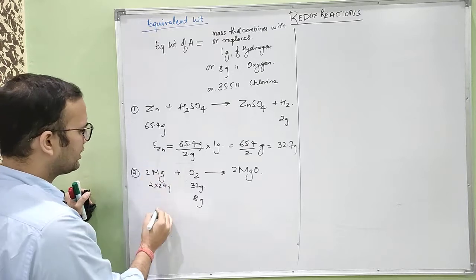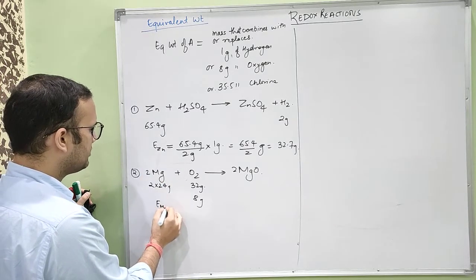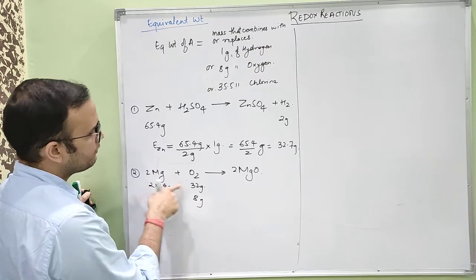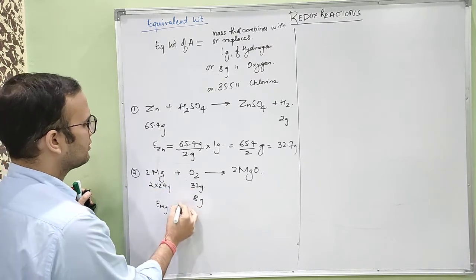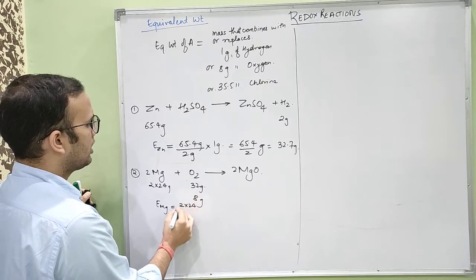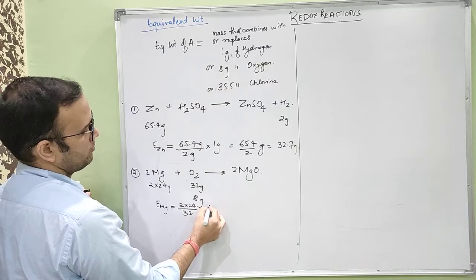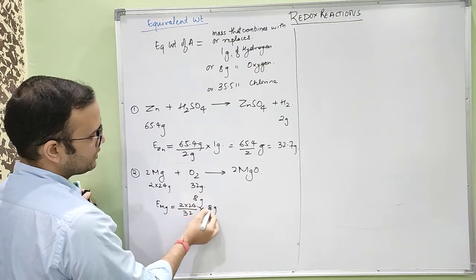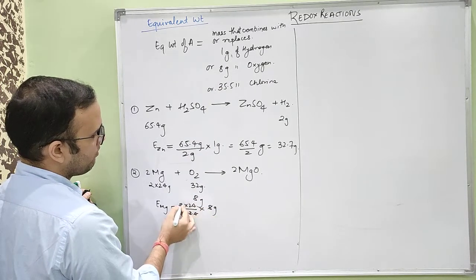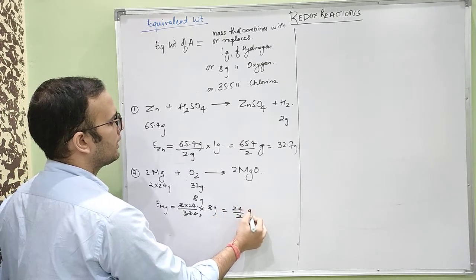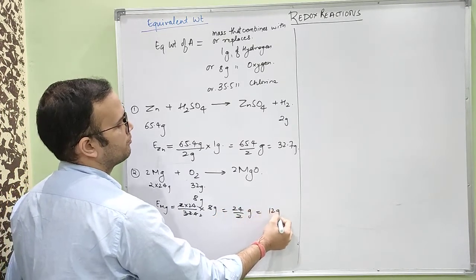But then again, using this formula, E of Mg will be equal to the mass of Mg divided by the mass of oxygen, which is 2 into 24 upon 32 into 8. So if you can see, 4, 2, we get 24 by 2 gram equals 12 gram.